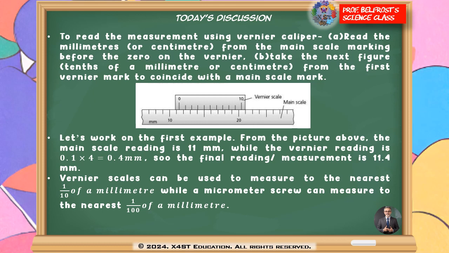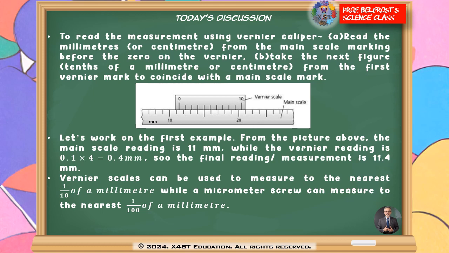So let's work on the first example using the picture that I've provided in the slide. From the picture above, the main scale reading is 11 millimeters, just before the zero on the vernier scale, right? While for the vernier reading, you see which one coincides. One, no, two, no, three, four.